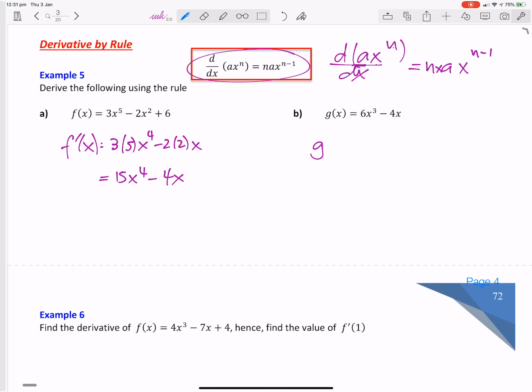So here, g dash of x, bring your 3 down to the front and multiply it by 6, you get 18x, and then take 1 away from the power, squared. Bring your 1 down to the front, you get minus 4, and then you would get x to the 0, but we know x to the 0 is just 1.